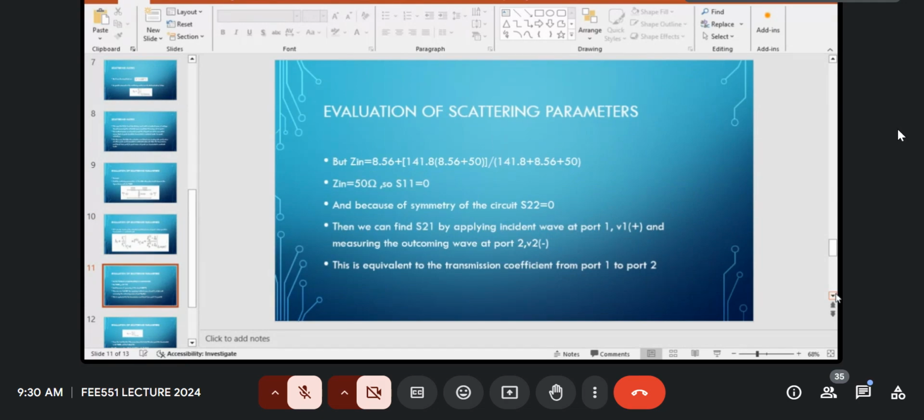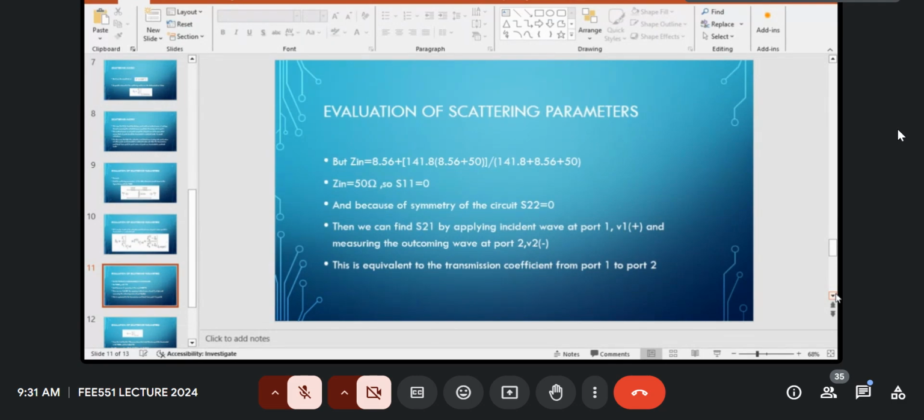So we can see from the circuit the combination of the 2 parallel resistances. So we add 8.56 plus 141.8 multiplied by 8.56. When you do that, you will find that S11 is 0. And because of the symmetry of the circuit, S22 will also be 0.